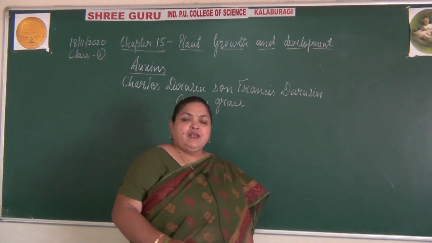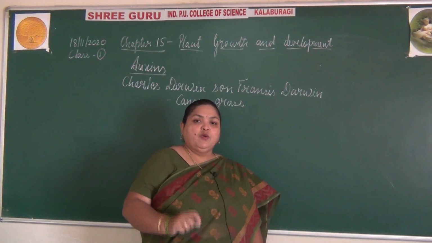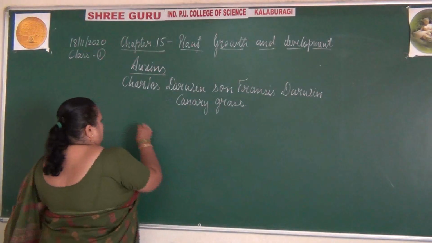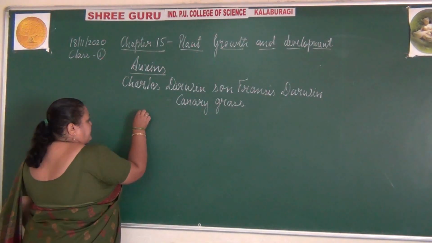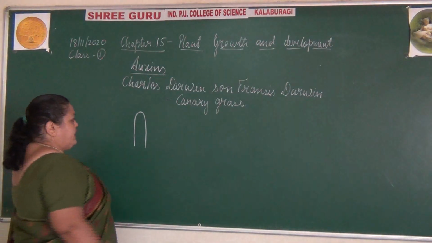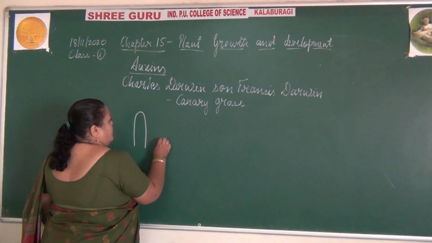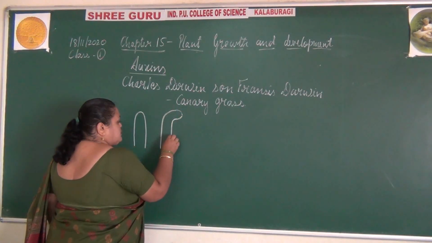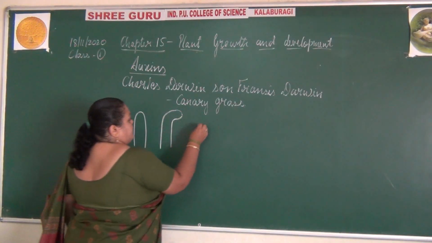With a simple diagram, let me explain the concept of their experiment. The tip of the grass is known as the coleoptile. So this tip, when it was exposed to light.